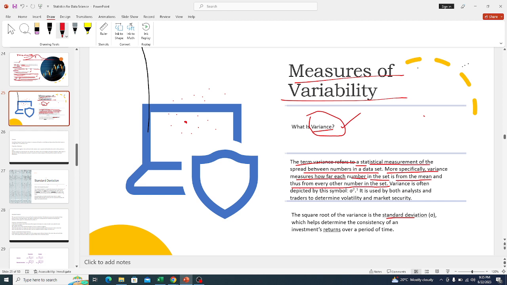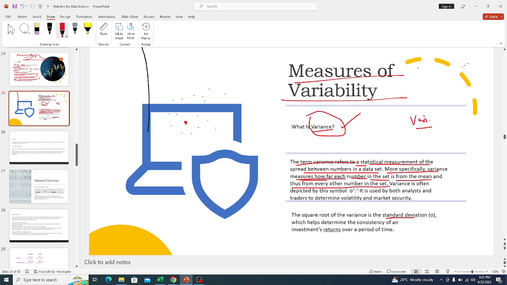Basically it shows us how far each number is away from the mean. Meaning if we get a high value of variance, then our data points are spread far away from our mean.